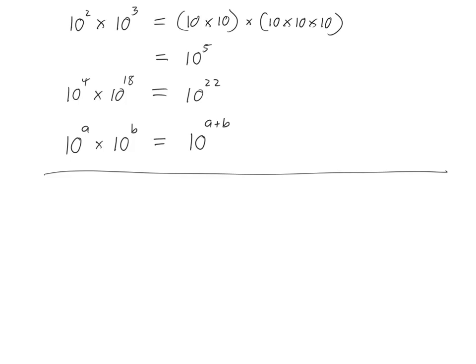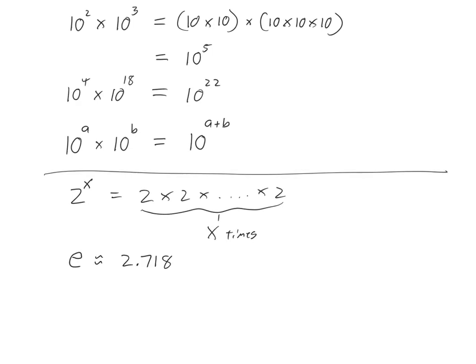By the way, we don't always have to work with powers of 10. For example, the function 2 to the x is simply 2 times 2 times 2, a total of x times. So 2 to the 5th would be 2 times 2 times 2 times 2 times 2, for instance.